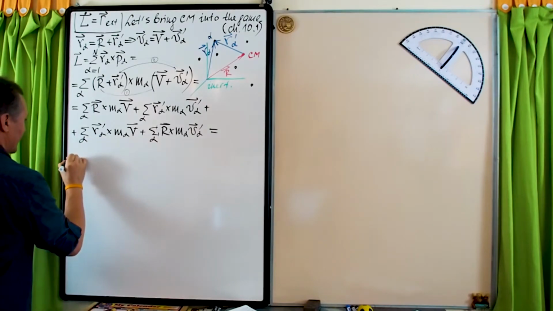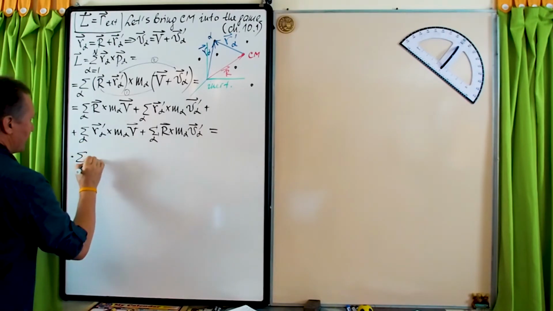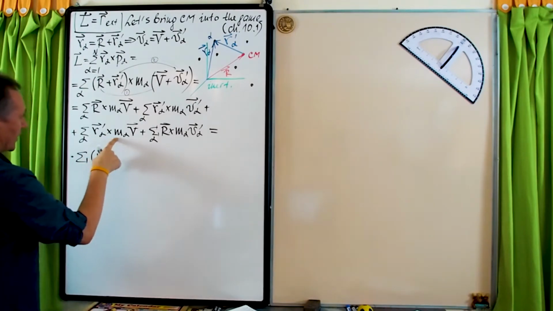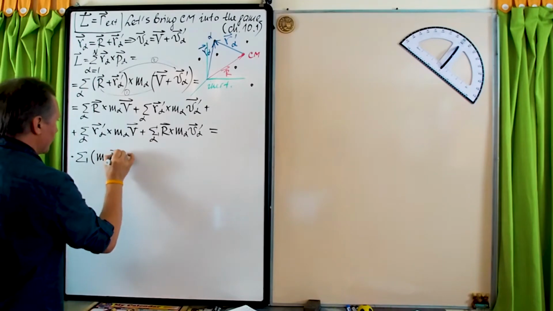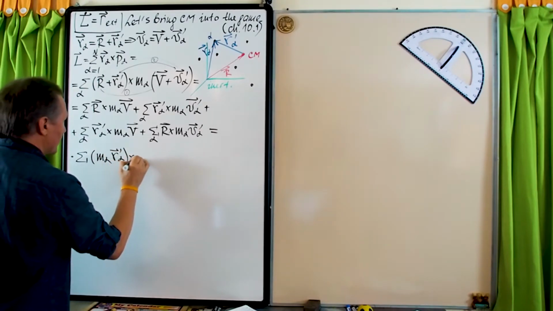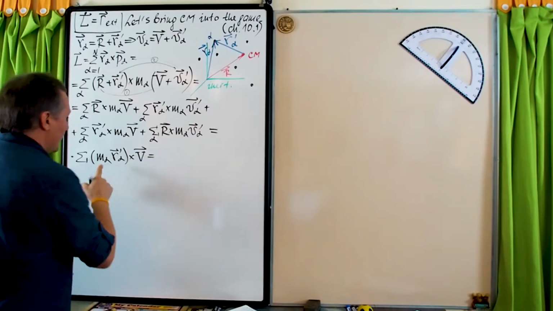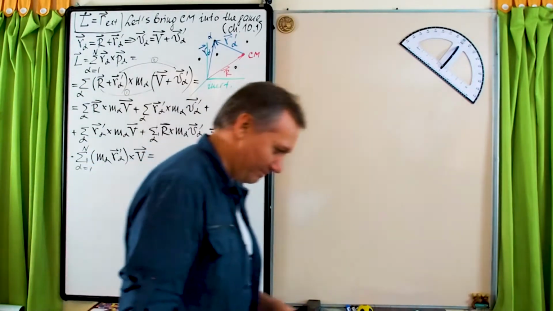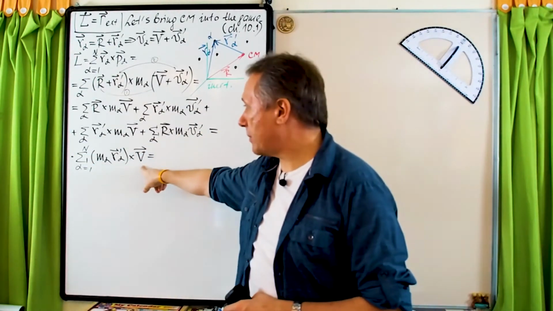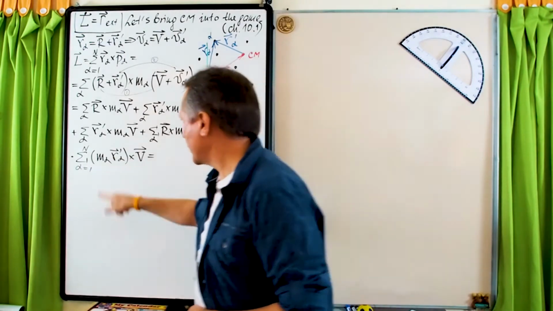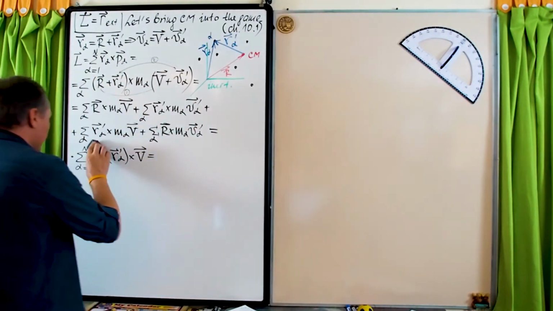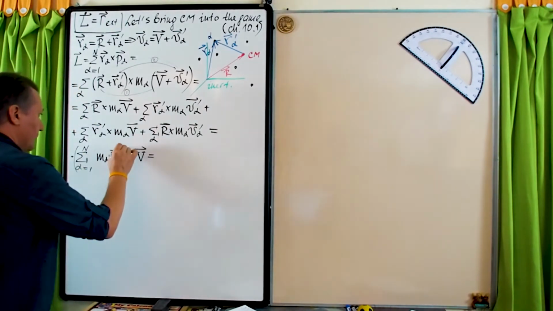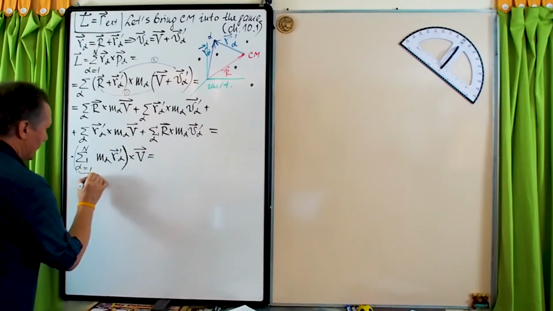I will open it up here: M alpha is just a scalar, I can move it to this side and cross it with V. Basically, this V capital is outside of this sum. I will remove this parenthesis and put it here. So what's the value of this sum?